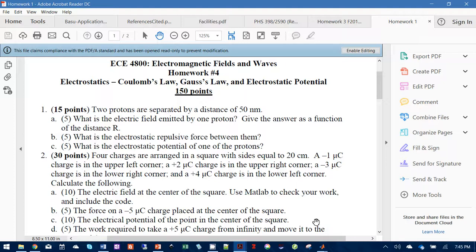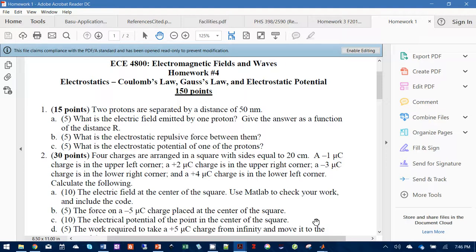That's actually why I added that little thing about using MATLAB to check your work. If you put in the coordinates of the points, remember when you're using Coulomb's law, you have to find that vector r, the vector r that's in between where the charge is and where the observation point is.